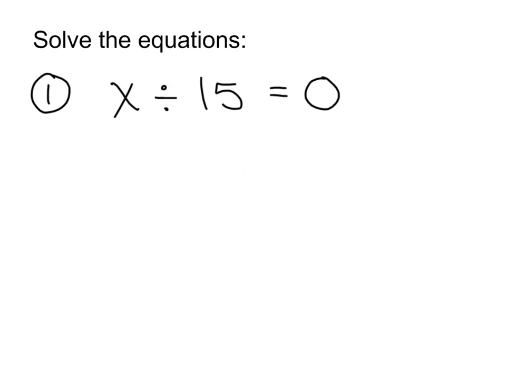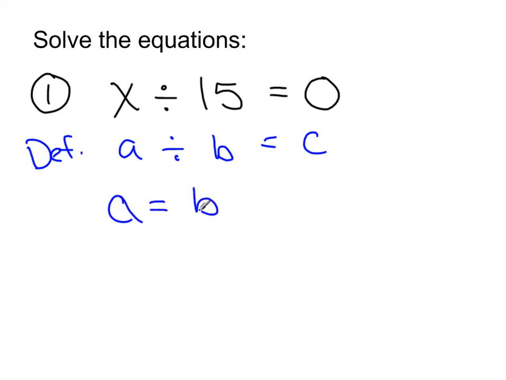So, think of our definition. This is our first part, A, so to speak, in the definition, right? A divided by B equals C. This is per the definition. Go back and visit it. So A equals our B times our C. Quick fix there.